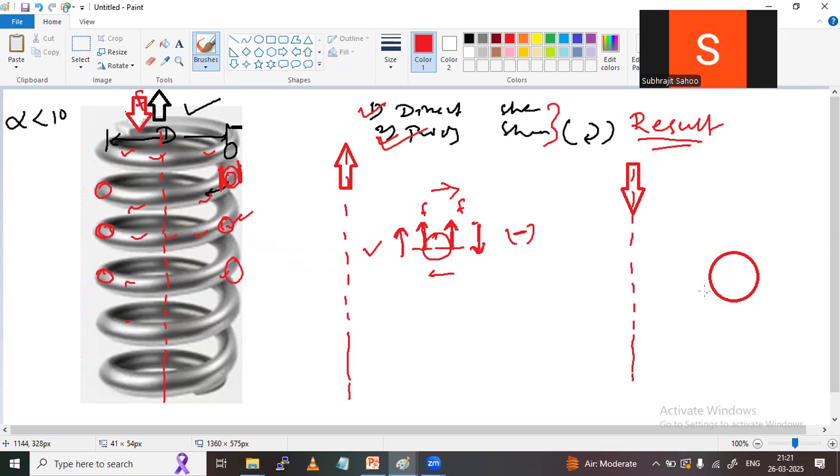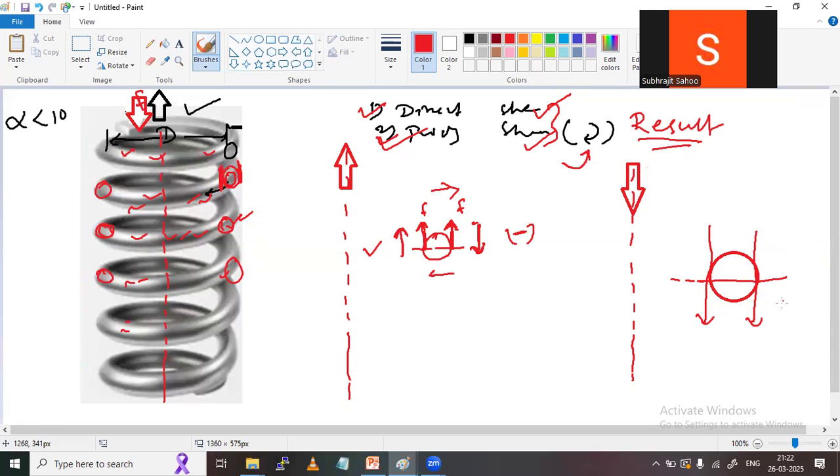As I told, again two types of stress will be developed. First is direct shear stress, second is twisting stress. Direct shear stress means this load will be transmitted everywhere, every cross section where the same load will be transmitted. So here is the F, here is the F. Next, since it is compression, the twisting will be done in anti-clockwise direction, not in clockwise direction.